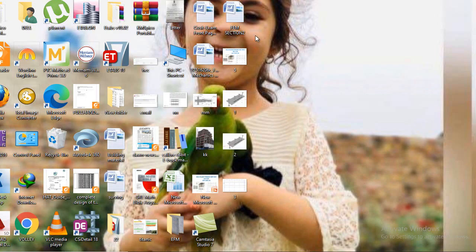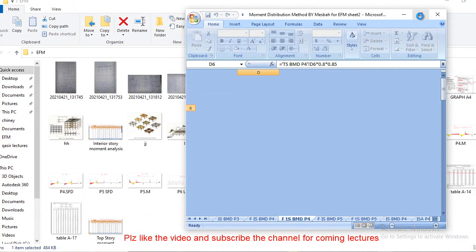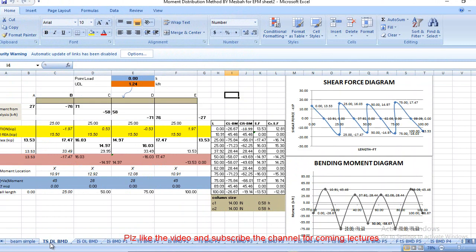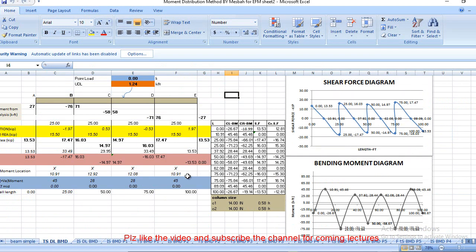I think I did it in my Excel sheet. Okay, here we have, in this sheet, for top story, dead load, top story, and this one. So you see here, this is the calculation, okay, this is 27. See, this 27 is from my other sheet, which is multiplied with those coefficients.